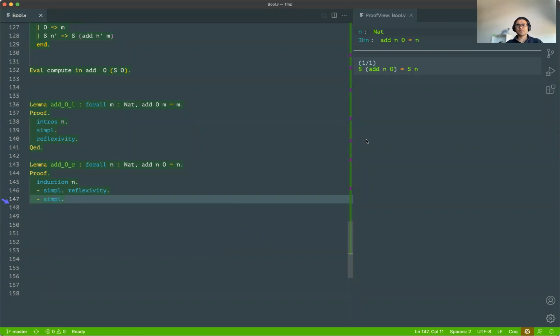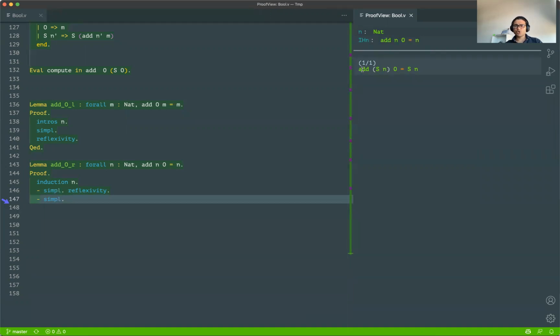And now you see here, we have an equation. We call it the induction hypothesis, which says that n plus O is equal to n. And our goal is to prove that we get to assume that for any arbitrary natural number, n plus O is equal to n.